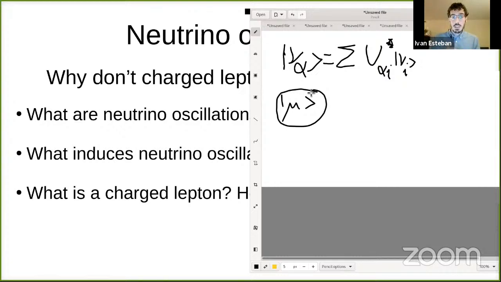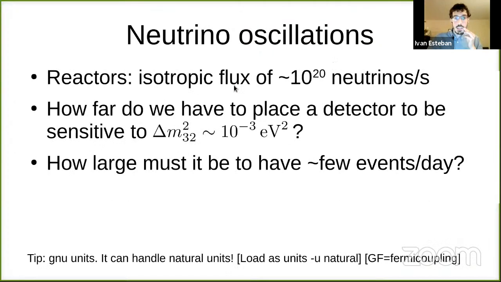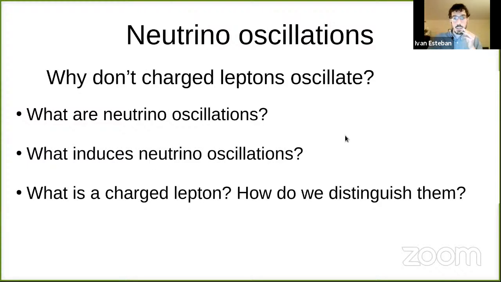Since we distinguish the charged leptons among each other by their mass, by definition they are mass eigenstates. And they are not a superposition of states that evolve differently, because mass eigenstates are eigenstates of the Hamiltonian, and so they do not mix. This is the reason why charged leptons do not oscillate: when you define a charged lepton, you define it as a mass eigenstate, and these are propagation eigenstates, so they do not change in propagation.